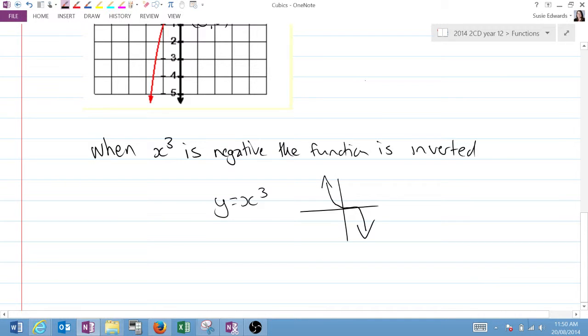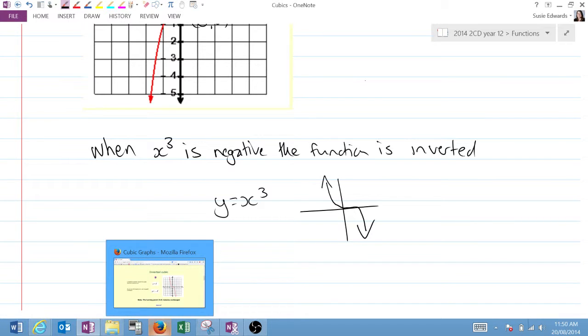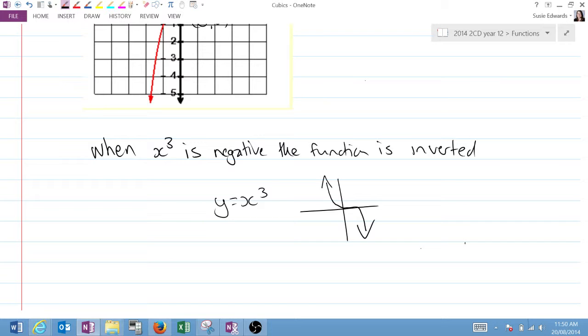Okay, it's not perfect, I know. Yes? Oh, I've just written when x cubed is negative. Oh, this here. Yes, you're right. Sorry. That would be better. Thank you, Zen.